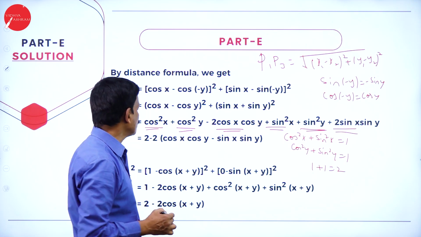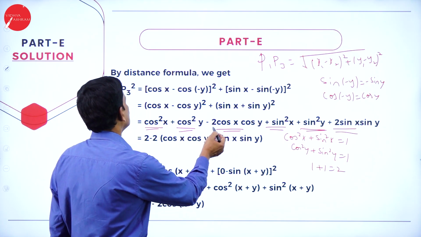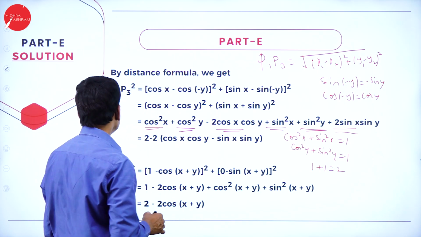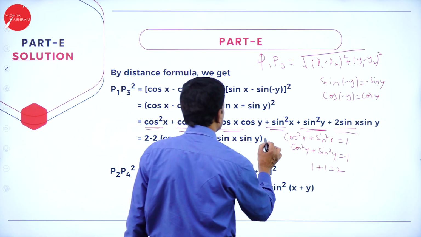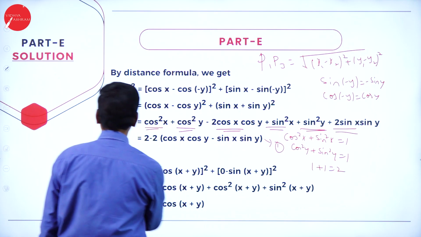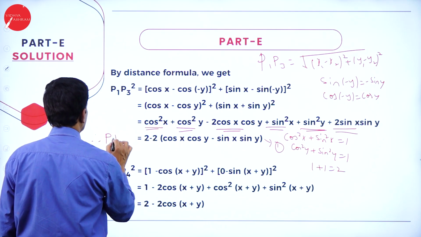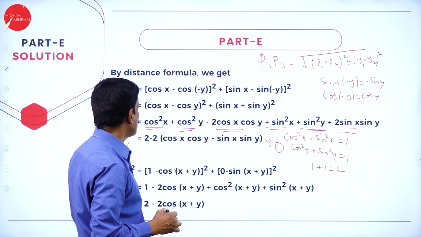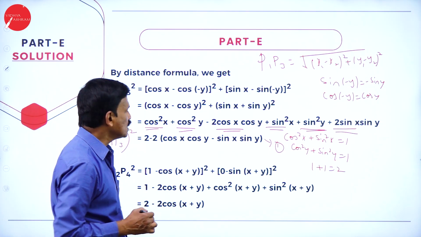You can take 2 as a common factor, so we get 2 minus 2 times (cos x cos y minus sin x sin y). Therefore P1P3 whole square is equal to 2 minus 2(cos x cos y minus sin x sin y).